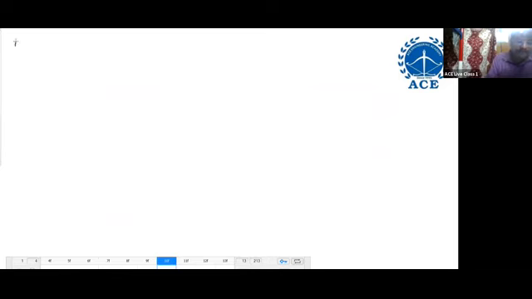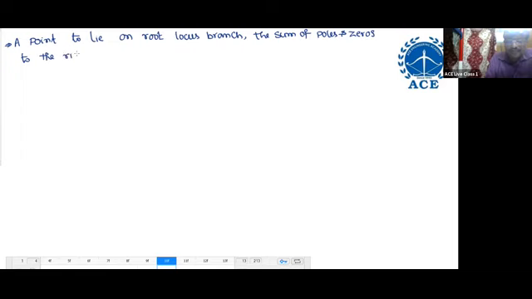A point to lie on root locus branch, the sum of poles and zeros to the right hand side of that point should be odd.